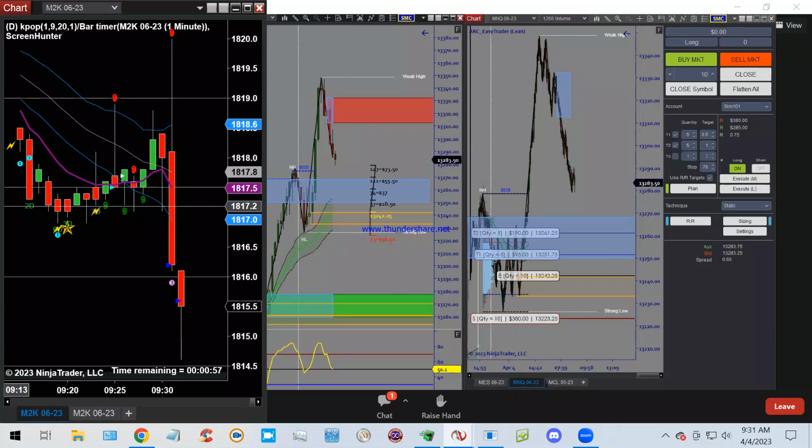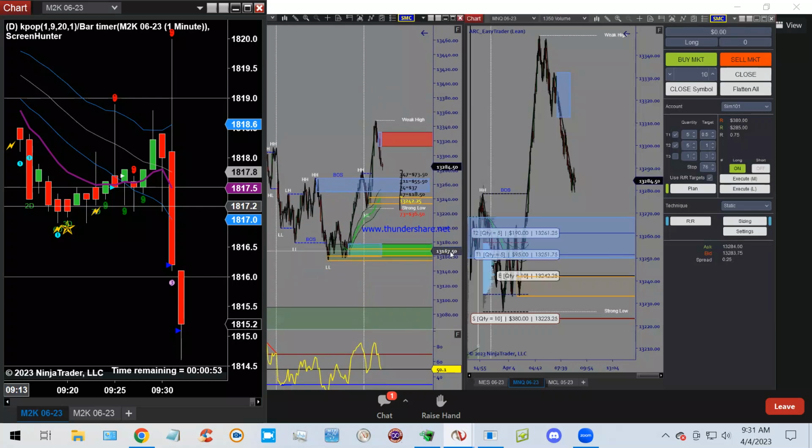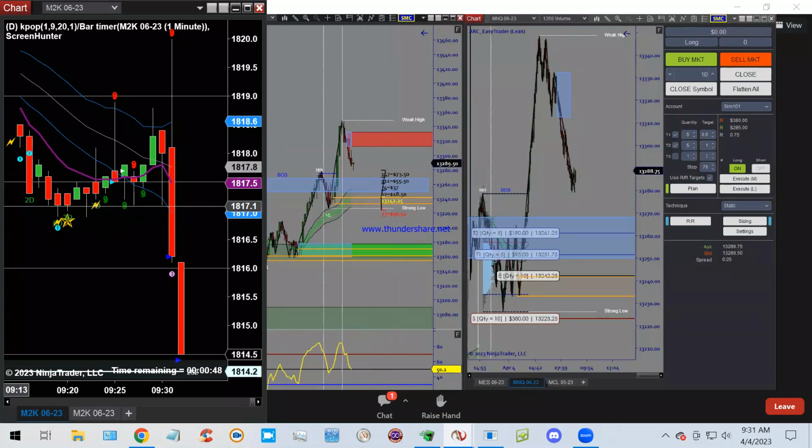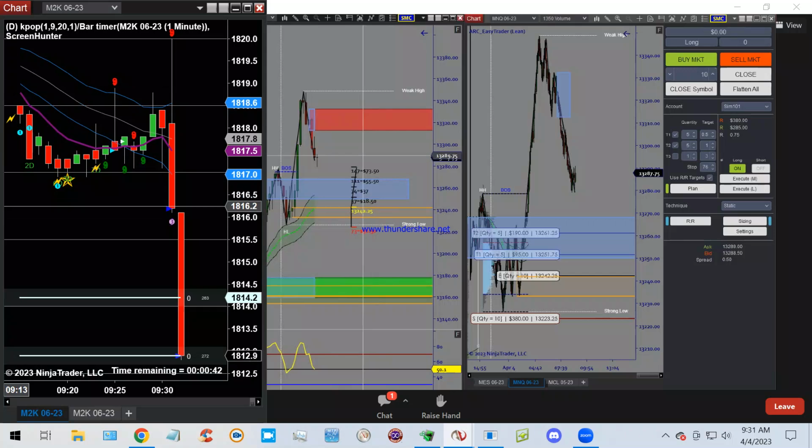Remember, the break of structure still came long. Still in an uptrend, macro level uptrend, right? Big picture's up. Mix. Got some selling, some buying on the NASDAQ.